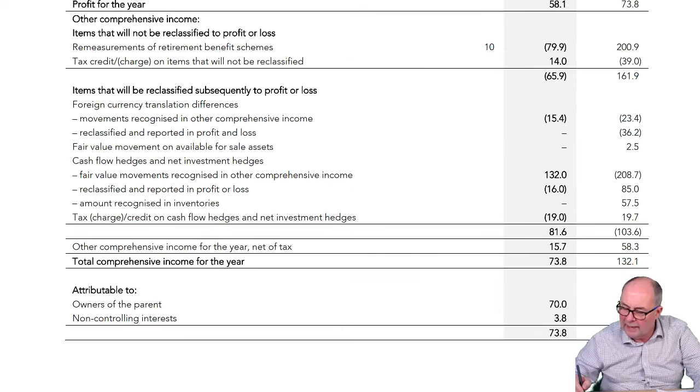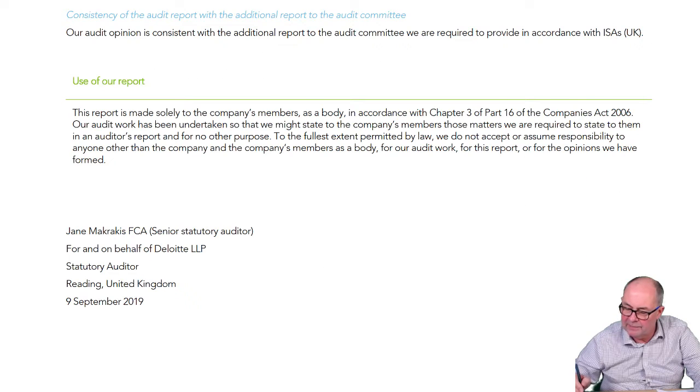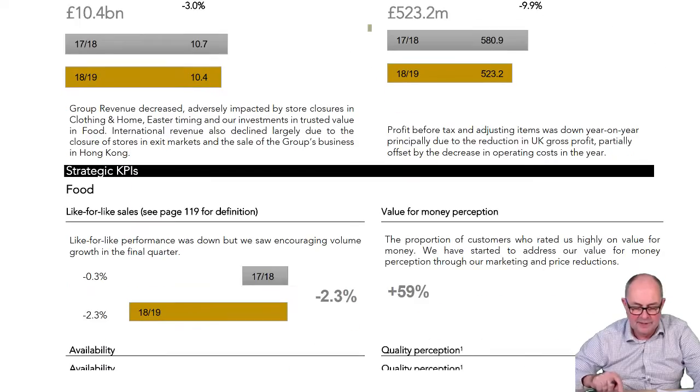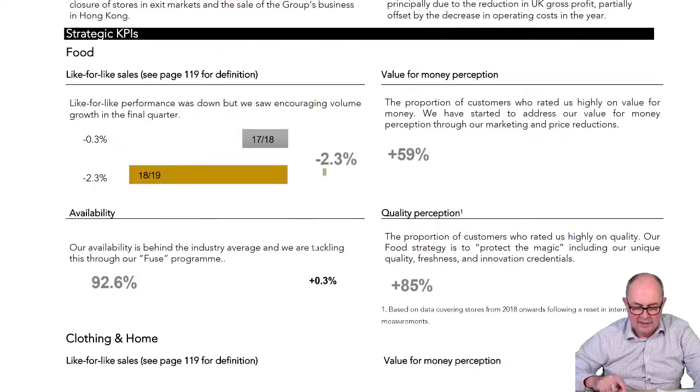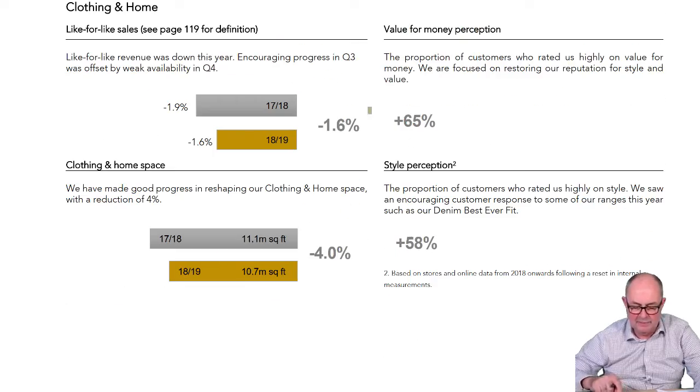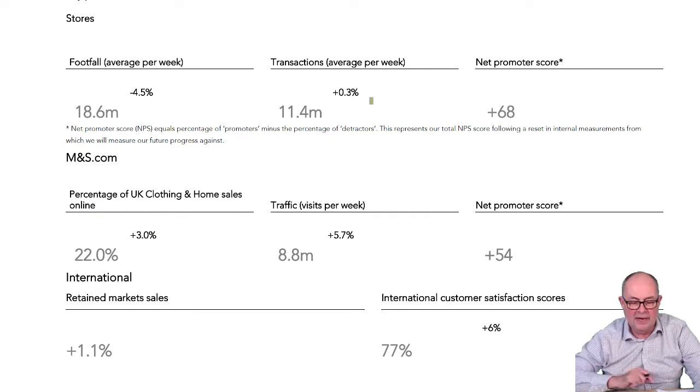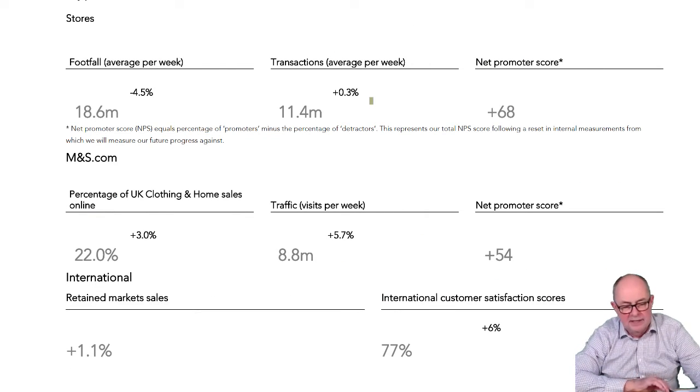So I think right at the start of their annual report, Marks and Spencer's will present all sorts of information to investors. So let me just find some information. Things like customer footfall.